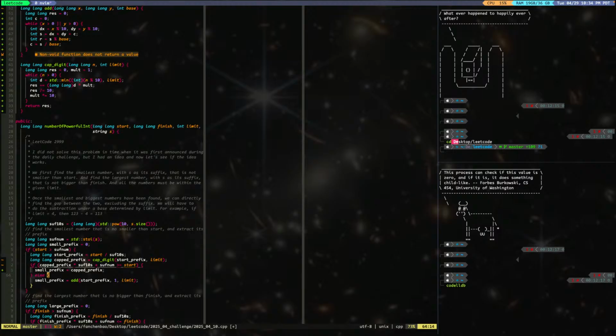So essentially, we have a start prefix, we have a capped prefix. We want to know, how do I change the capped prefix such that it will be bigger than the start prefix? So I can turn those two, let's say, into strings. And then this time we have to go left to right, right? The first one where the capped prefix is smaller, we need to try to increment to its left.